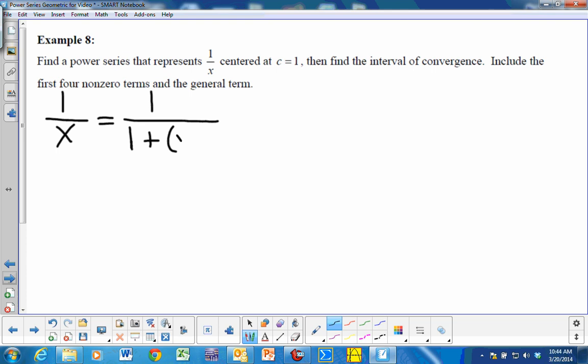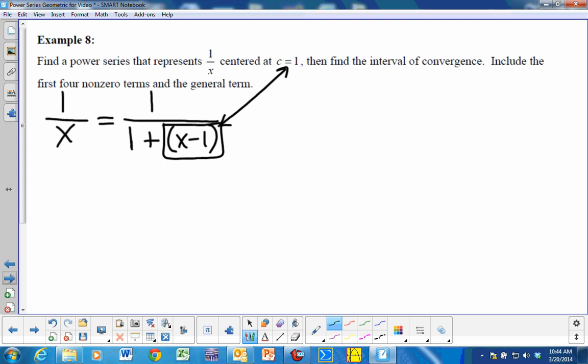So let's make it 1 plus x minus 1, that'll be easier. So now it actually fits the format of 1 over 1 plus x, but you're replacing x with x minus 1. Now, what that also tells us is it's centered at c equals 1, and that's why I needed the x minus 1 in there. That's why when I wrote it with x plus 1, I realized that wouldn't work.